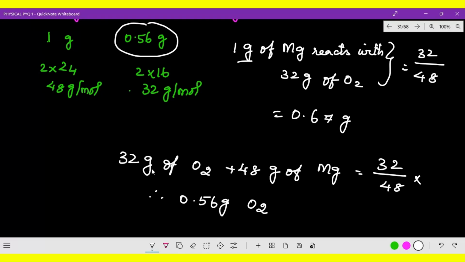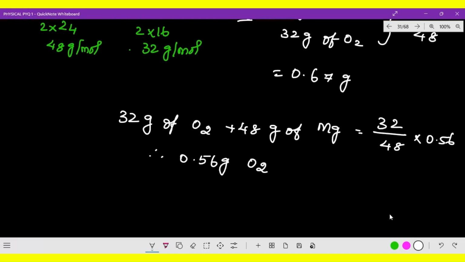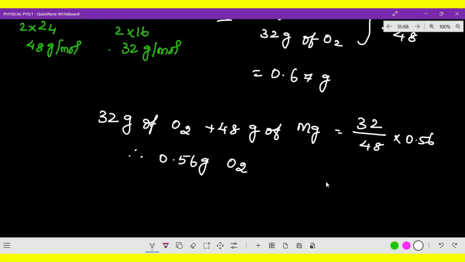Like 10 apples cost this much, so 1 apple costs that; the same idea. So what is the answer when you calculate it? You will get 0.84 gram.